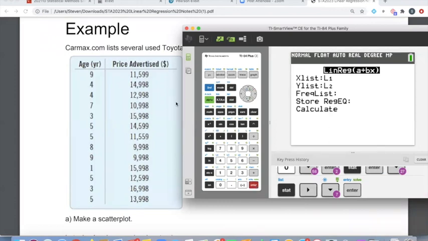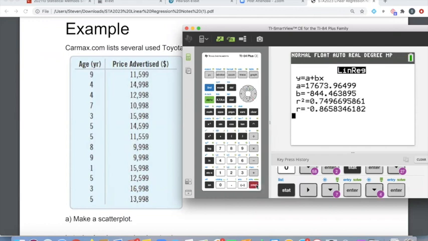And then it's asking me, where are your numbers? Where's your X? I type those in L1. That should be the default. That should automatically pop up. If not, if that doesn't say L1, you grab it right there. You do blue or second, number 1. And then Y list L2. Go down and hit calculate, and that will spit out everything we need.